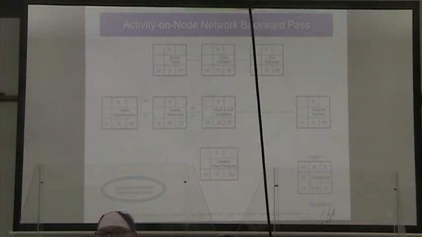So test software, we put 85 as its late finish time. Build and test software gets 85 as its late finish, and develop patent request gets 85. Then we take the duration of each activity and subtract it from the late finish time to get the late start time.